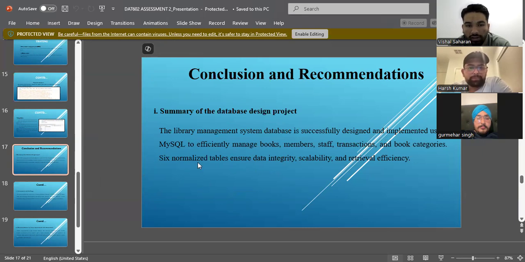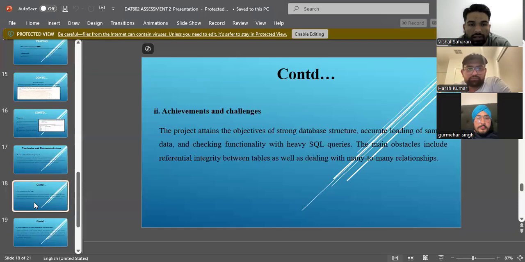Six normalized tables ensure data integrity and efficiency. Achievements and challenges: the project attained the objectives of a strong data structure, accurate loading of data, and checking the functionality with heavy SQL queries.